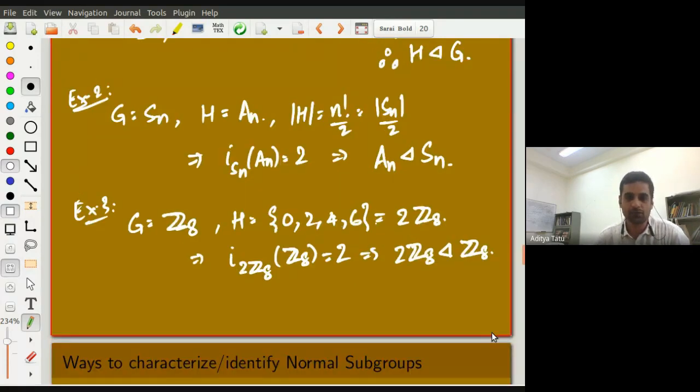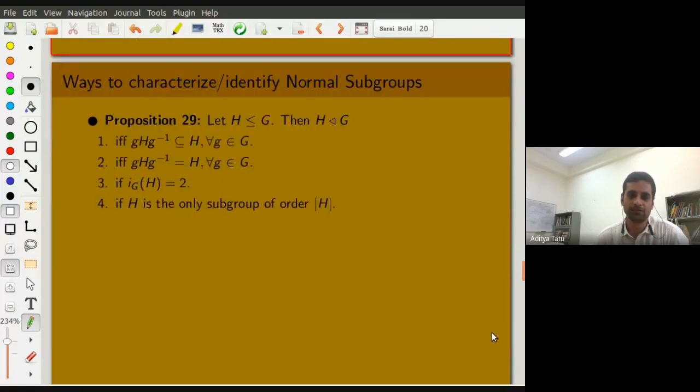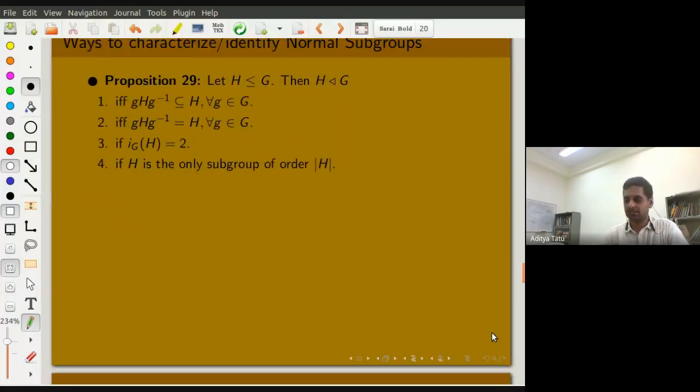Let us look at the fourth and the last characterizing property of normal subgroups. Again, this is not an if and only if statement.